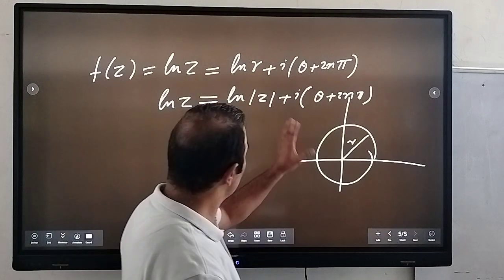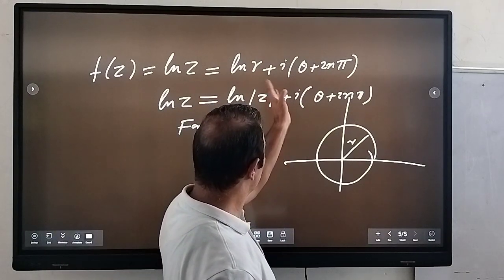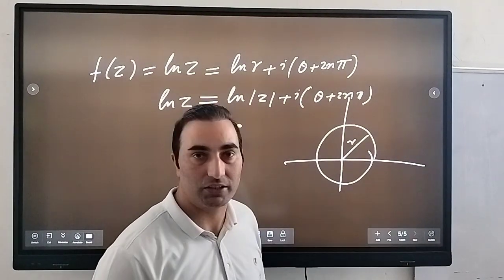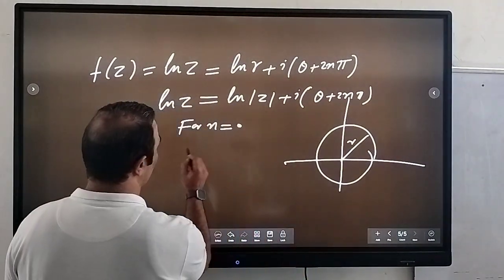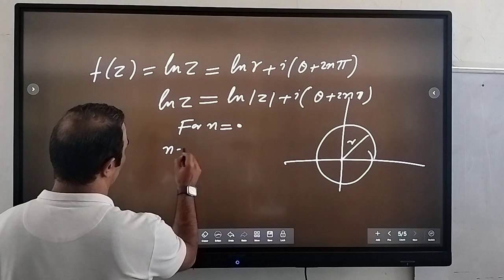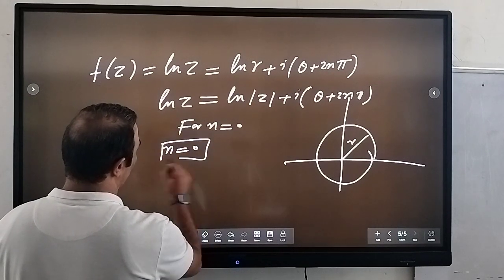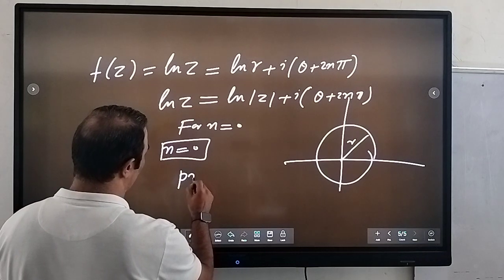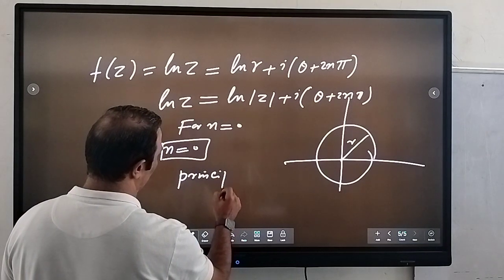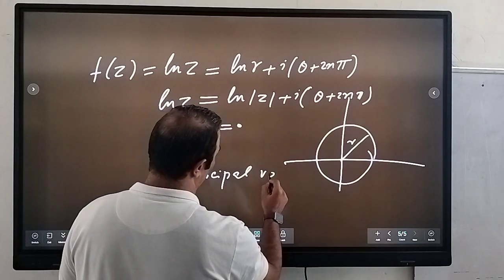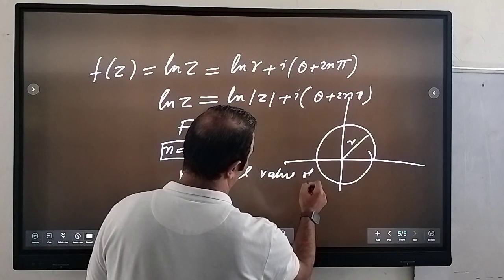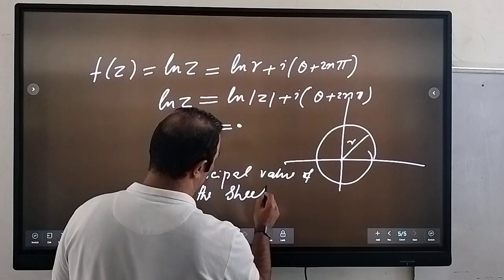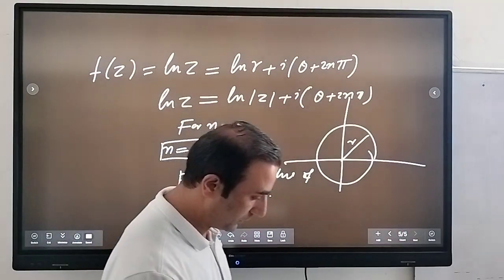If you put n equal to 0, we have natural log of r plus iota theta, and that basically gives us the principal value of the sheet.